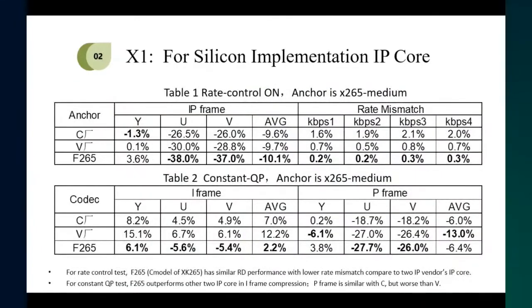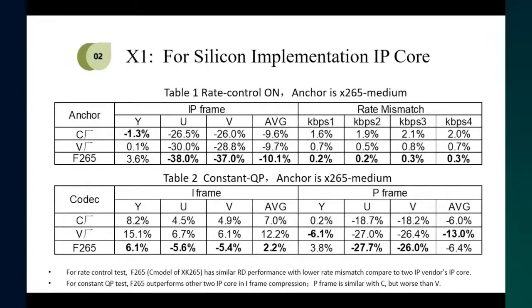Here we provide the RD comparison with the commercial IP cores. Table 1 shows the bit rate compared with Chips&Media and VeriSilicon, with rate control on, and here the anchor is x265 medium.